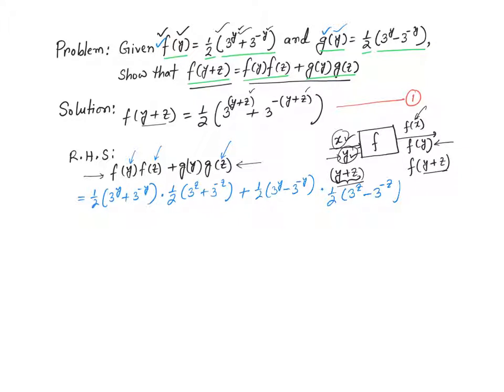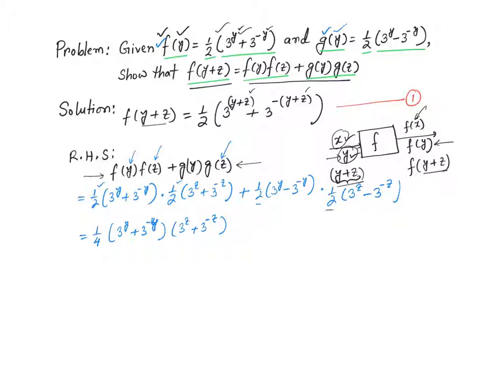That's what it is. Now let's go ahead and simplify it further. Look, there is a 1 half here and a 1 half here being multiplied. So that's going to give me 1 fourth times 3 to the power y plus 3 to the power negative y, times 3 to the power z plus 3 to the power negative z.